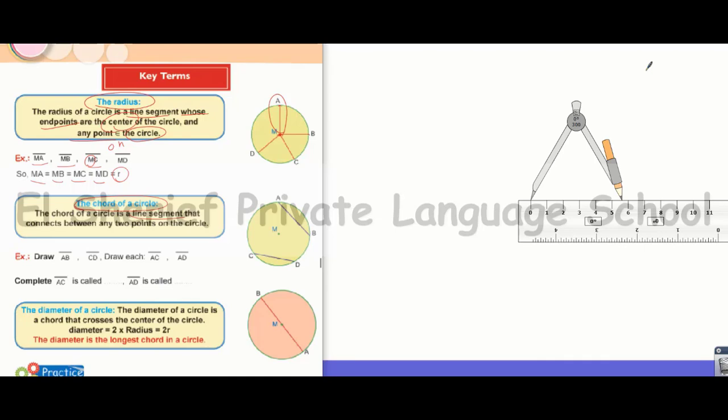Again, the chord of a circle is a line segment that connects between any 2 points on the circle. So if we join between any 2 points on the circle, this is called a chord.